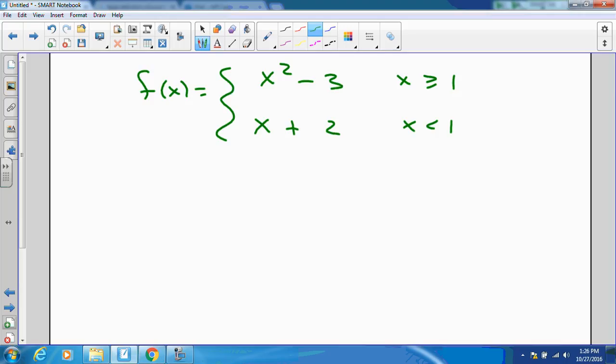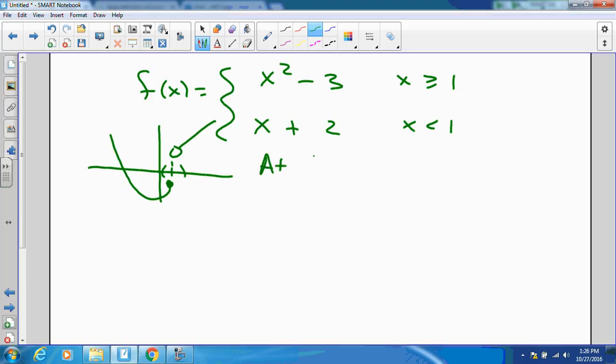And for x is less than 1, f is a polynomial, I can use derivative rules on it. But right at x equals 1, where my two pieces come together, or don't come together in this particular case, then my function is not a polynomial, because for x's in the neighborhood of 1, my function will have one definition on the left side of 1 and a different definition on the right side of 1.